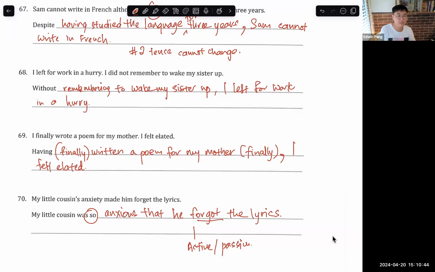If it's the language, repeated, then you can replace one with it. But in this case, it's the language and French. There's no repetition. Got it? You only replace with pronouns when the exact noun itself is repeated twice. Then you repeat the second repetition with a pronoun, a pronoun that replaces the original noun. But these two nouns are unique. They don't repeat each other. French and the language, so cannot. All right, good.